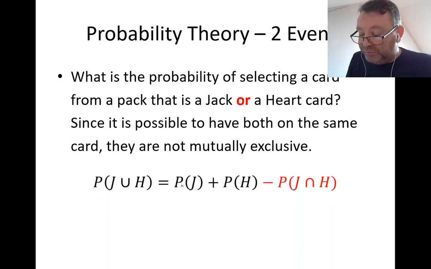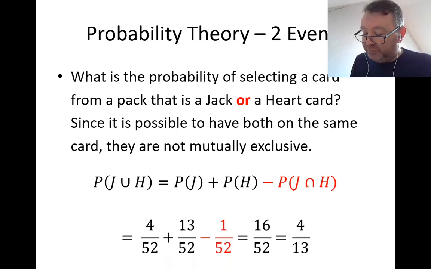Work out the probability of jacks, work out the probability of hearts, and take away the number of times that they overlap, which gives me, as we said already, 4 over 52 for the jacks. There's 4 jacks in a pack of cards. Then there are 13 over 52 hearts, because there's 1 suit, that's a quarter. And then you take away the intersection. 1 out of the 52 will be the jack of hearts.